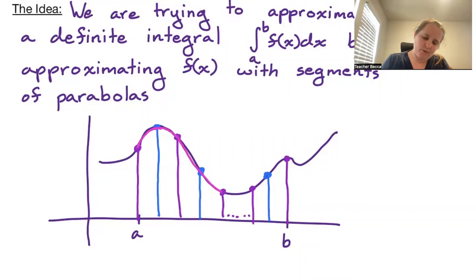So this is essentially parabola 1. Actually, let me do the most recent one in a different color. So we have our first parabola. Then we have a second parabola. And then we have a third parabola segment in the middle of those dots, etc. And we end with our last parabola segment.